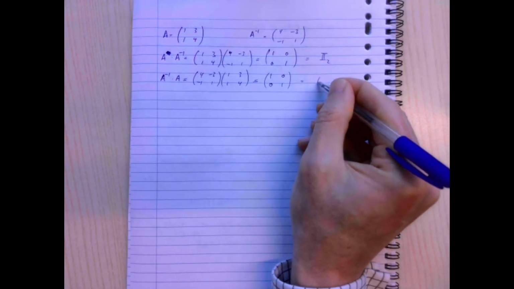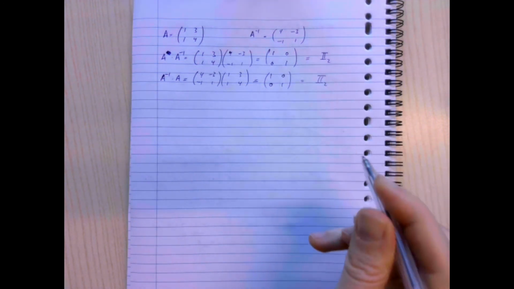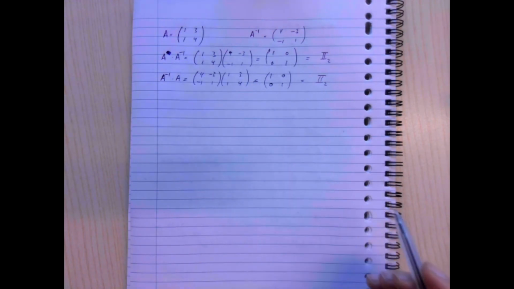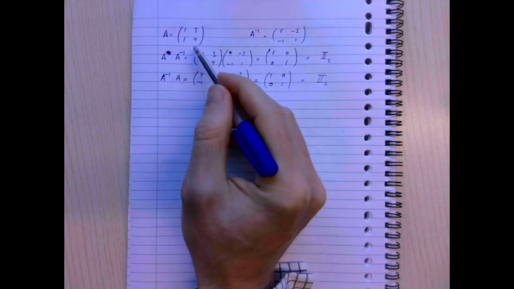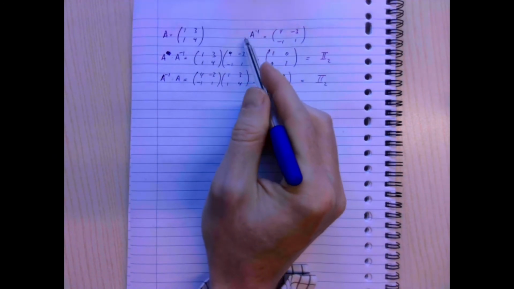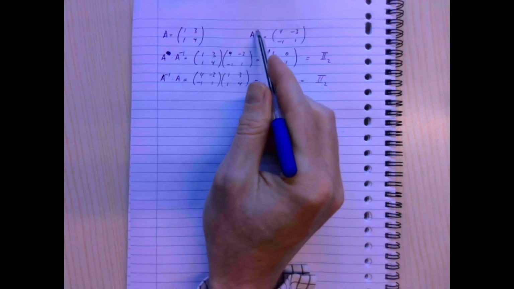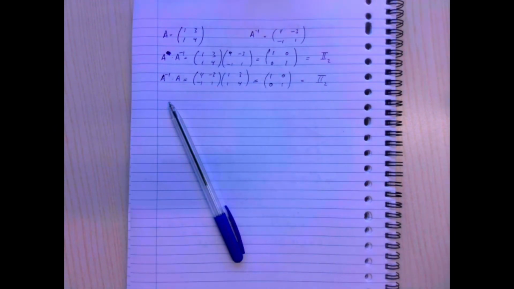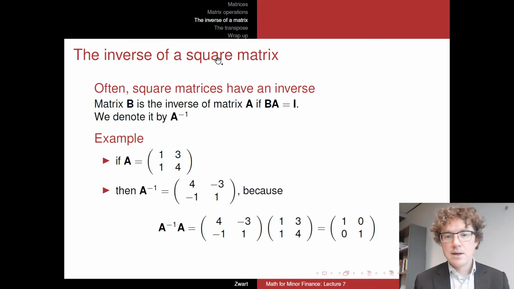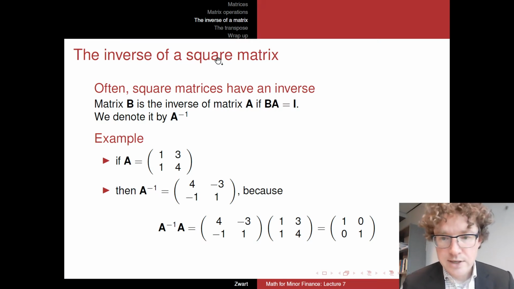So it's again the identity matrix in 2 dimensions. So indeed, this matrix is the inverse of this matrix. So we're right in claiming that this is A^-1. And that's also what's written on this slide again.